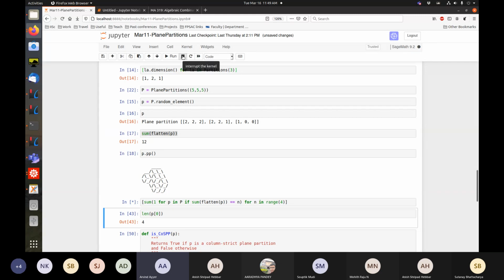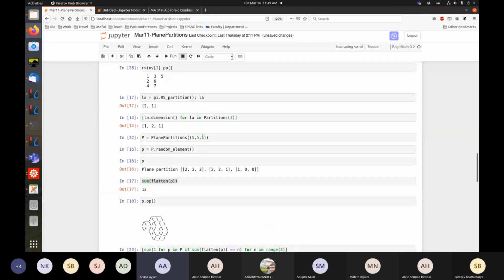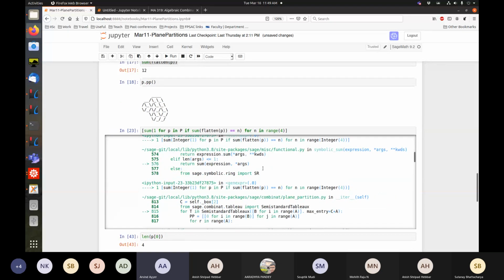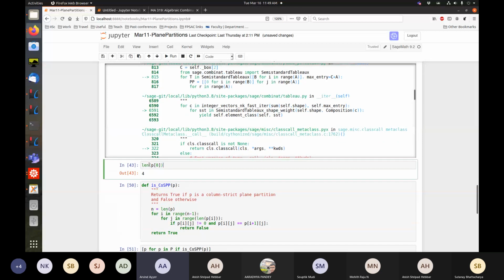Let's take it. Okay, this is too ambitious. Anyway, so we got 1136, and what we can do is take the series. Just to be safe, I will take the product of 1 by 1 minus Q to the K, for K in range.